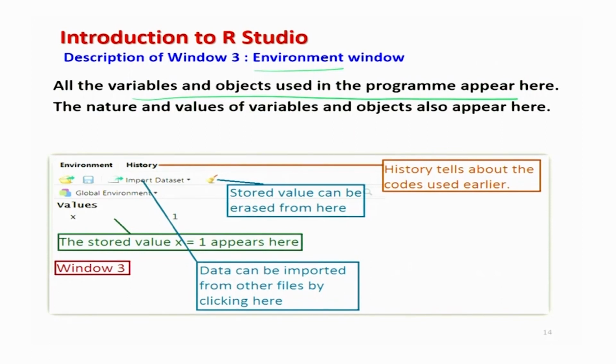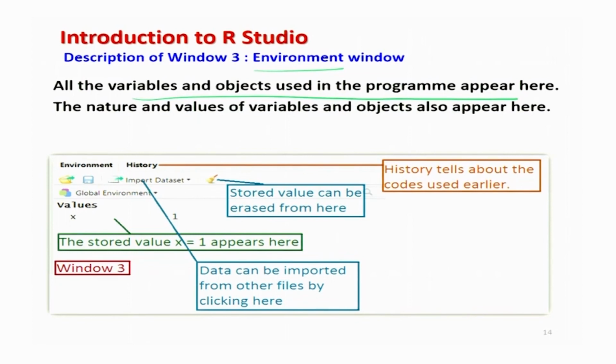That means you have to check the content of the directory to see what variables are there. But in RStudio, all these things are available directly, so you can see them at a single glance.